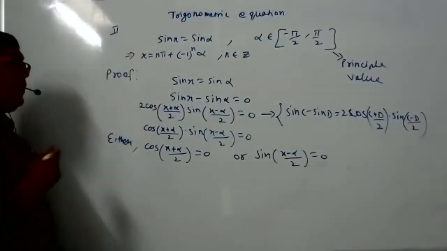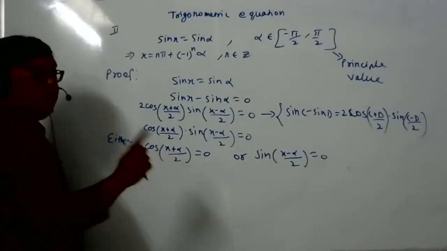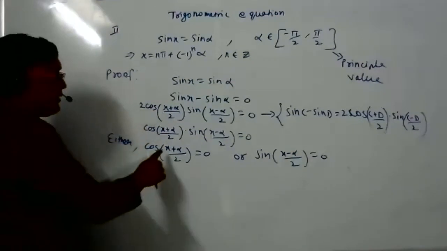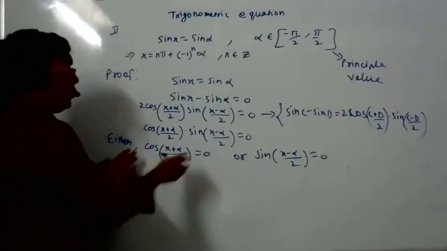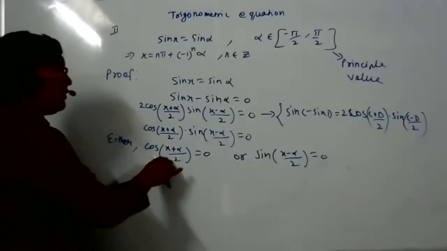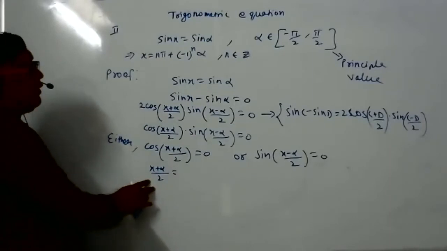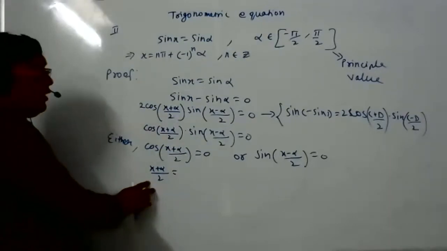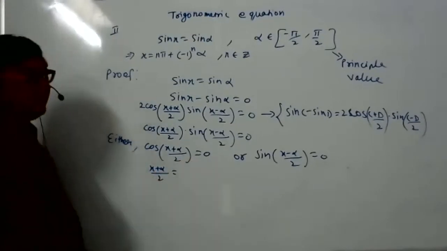But students, what do we know by this time? (x plus alpha)/2 is one angle. Cos of some angle is 0, so what is the angle? We just learned it: cos theta is 0, first type of formula. So what is theta?